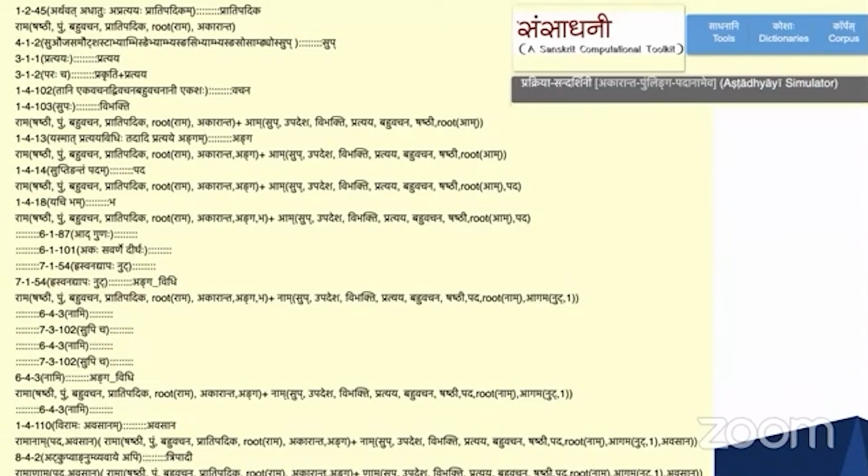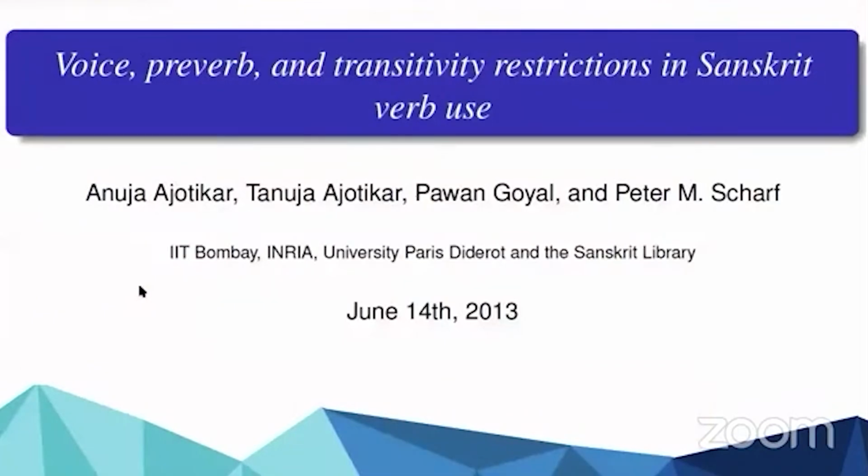It would go through all the rules, find out if there are multiple rules applicable, and determine the correct rule based on conflict resolution. This happens at multiple stages, and finally it gives a derivation. This was the first derivation that we worked with. The second derivation was in 2008, and I did not take that further.